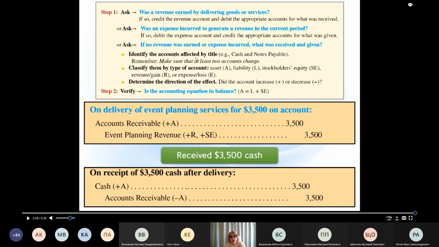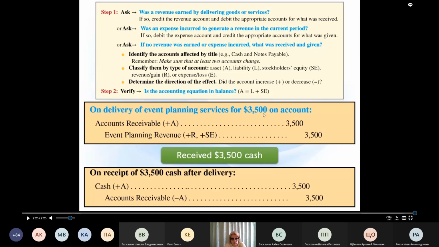So this is again the transaction analysis, three components: accounts, types of accounts, and direction of the effect. And finally, of course, we should verify that the accounting equation is in balance. Please remember that after absolutely each transaction, assets are always equal to liabilities plus stockholders' equity.